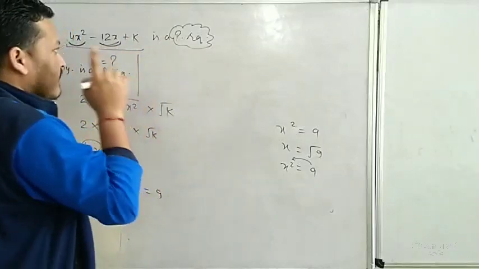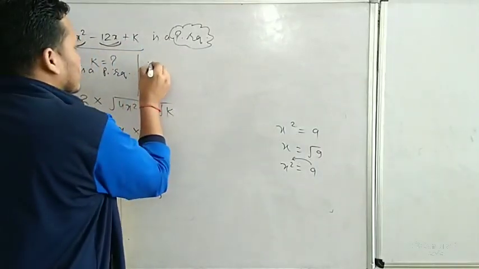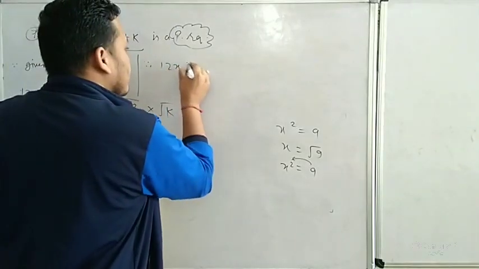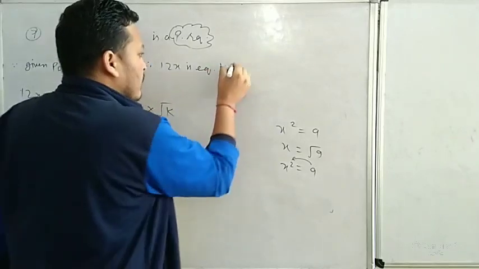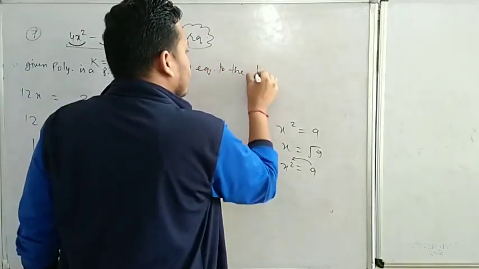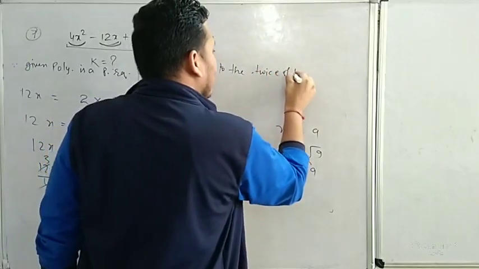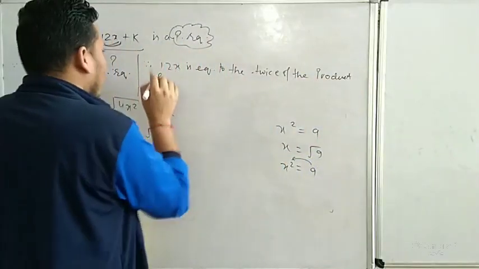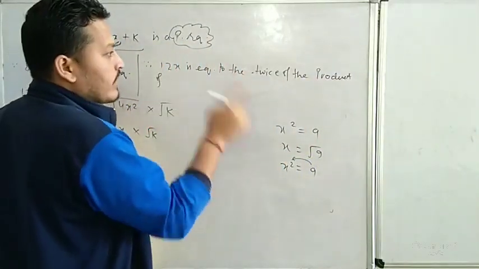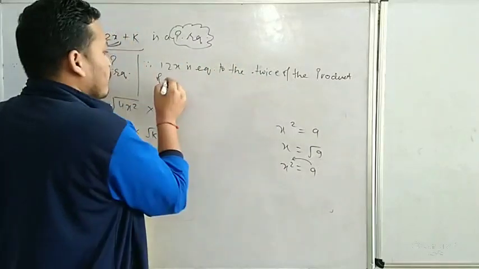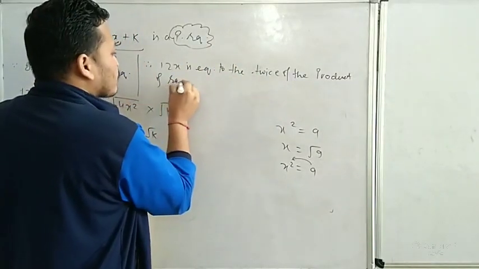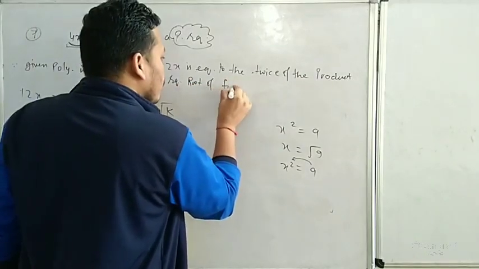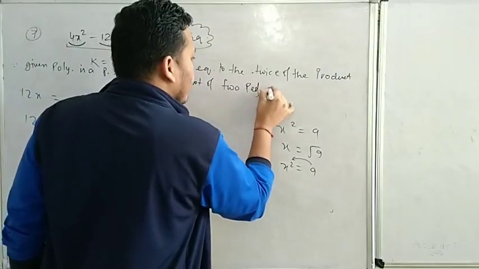And write the third condition: therefore 12x is equal to twice the product of the square roots of the two perfect squares.